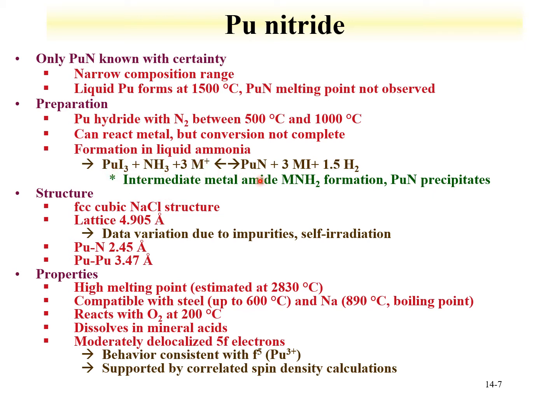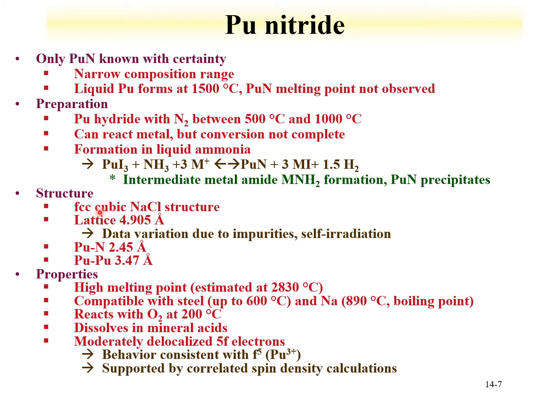With this reaction, you get an intermediate amide formation, and in this, the plutonium nitride will precipitate out of the ammonia solution. This is an interesting synthesis where if you wanted to tune plutonium nitride properties, you could tune them much as in a sol-gel process for making nuclear fuel with certain particle size.